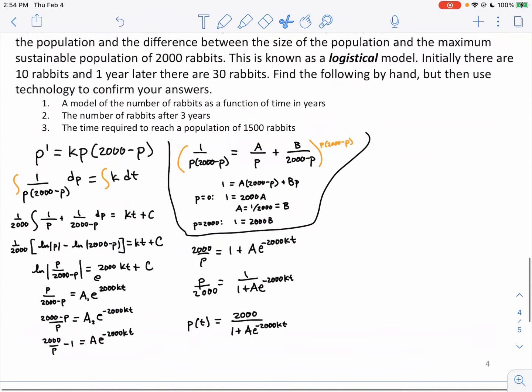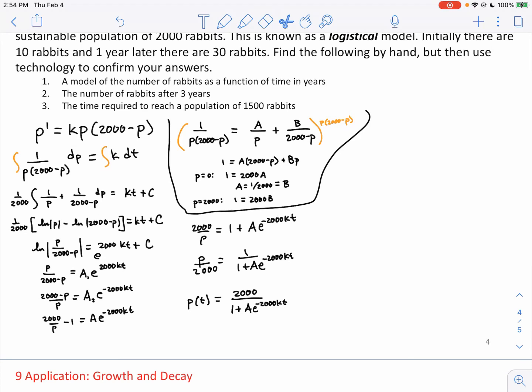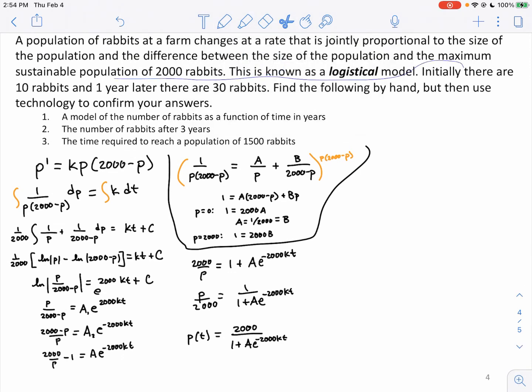Okay, now we still haven't finished step 1 because we haven't yet taken this information that's given to find out what the a and the k are. So we got to figure out the a and k from this information. Let's start with the fact that, let's make a little table over here. Time and population. At time 0, we're told that there were 10 rabbits, and at time 1, it became 30 rabbits.